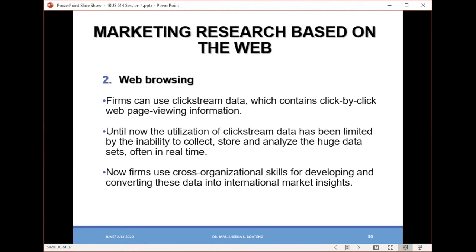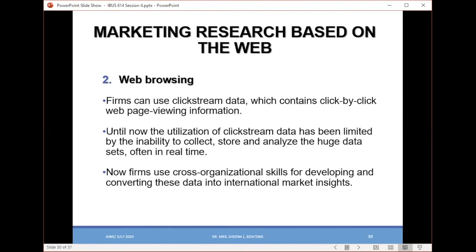Because as we will learn very soon in a subsequent session, a lot of firms are going global right from the onset using the internet. So by having a website on the internet and going global from the day they were born, which makes us refer to them as born globals, this clickstream data and page views and user sessions and click-throughs that we gather in real time helps them to appreciate and understand the nature of their consumer and how the consumer is using their platform on the internet, which will influence their marketing activities.